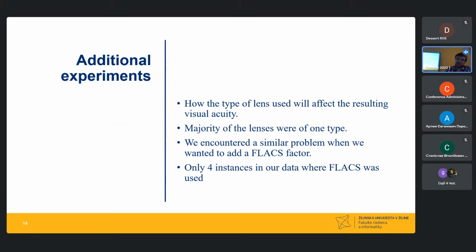And we encountered the same problem when we added another factor, flex or femtosecond cataract surgery, because we have only 4 instances in our data where this type of surgery was used, and that's simply not enough for any reasonable data analysis.